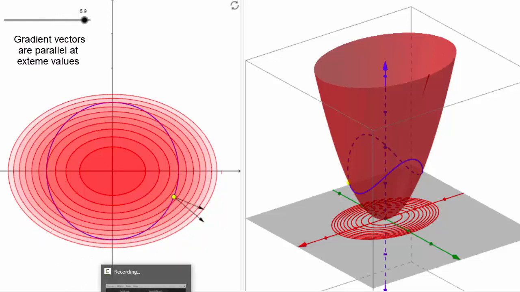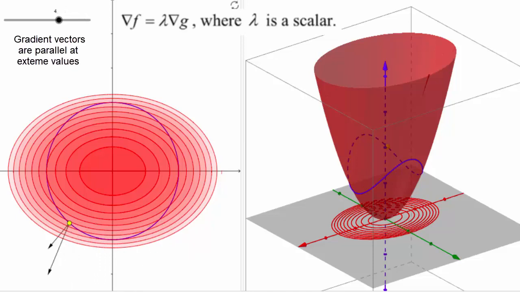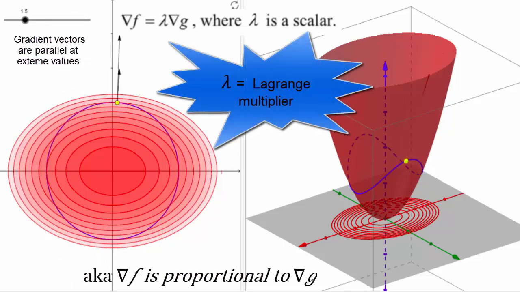The key observation is that the gradient vectors are parallel at the maximum or minimum point. This means the gradient of f must be a scalar multiple of the gradient of g at that point.